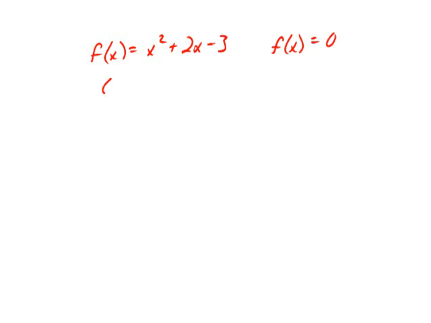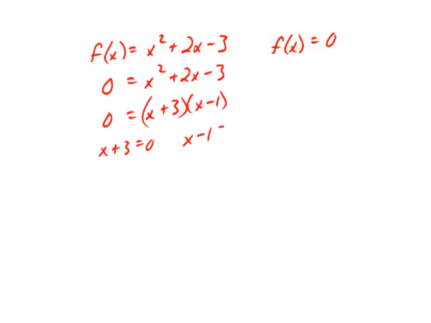In this case, we replace f of x with 0 and solve. I'll solve by factoring again. Setting each factor equal to 0, I have x values of -3 and 1, which means I have points (-3, 0) and (1, 0) on the curve.